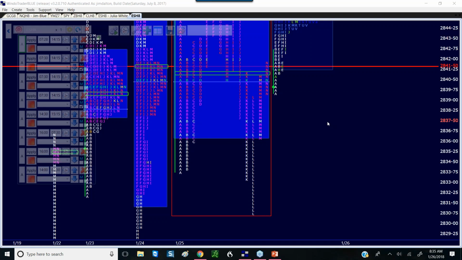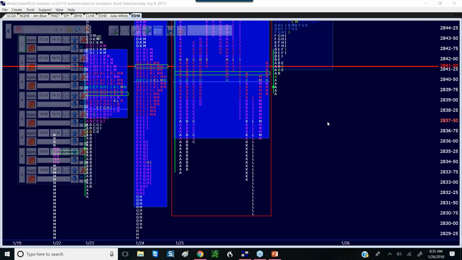Now, the reason I don't use the volume point of control: there are 3 elements that make up the profile. They're time, price, and volume. Price is an advertising mechanism. Time is how wide the profile is from left to right.